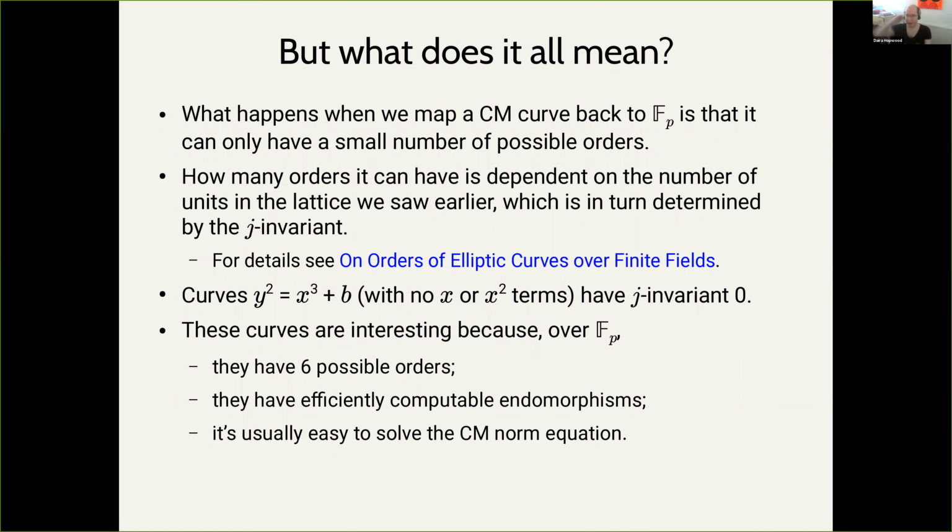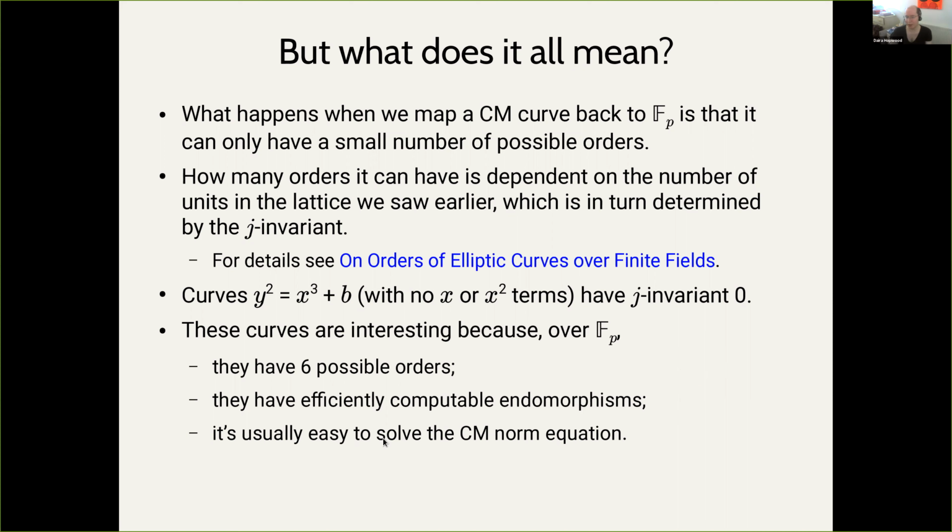Okay, so the point of this is to construct curves that can only have a small number of possible orders, and that have efficient endomorphisms that we can use to speed things up.